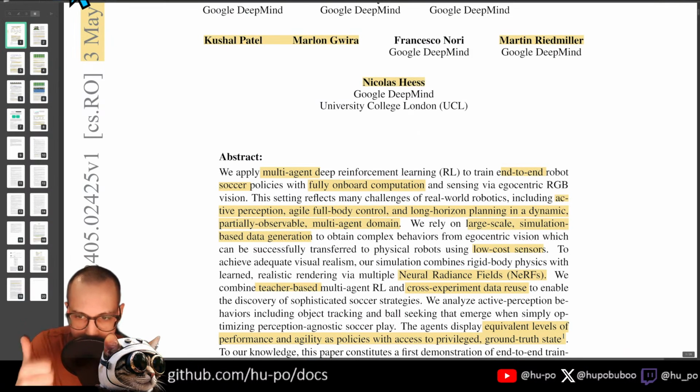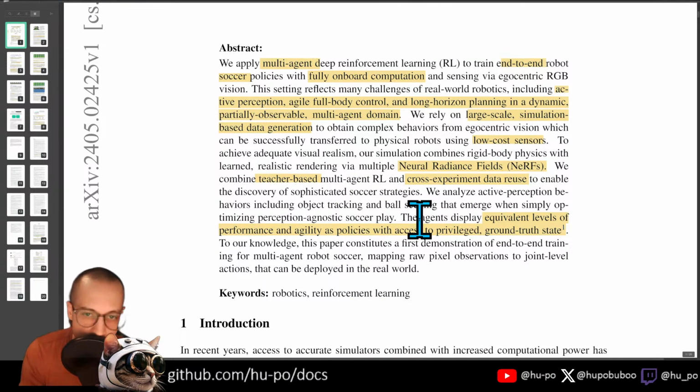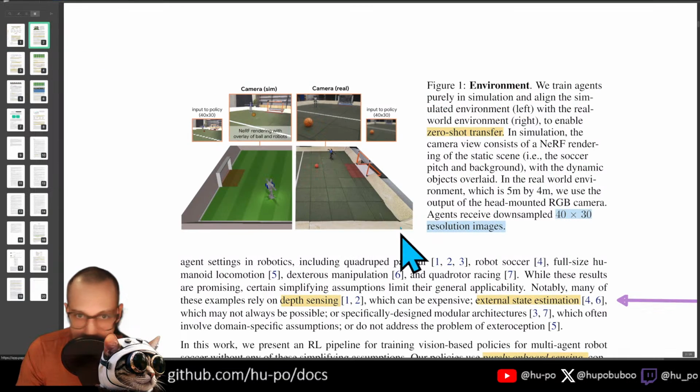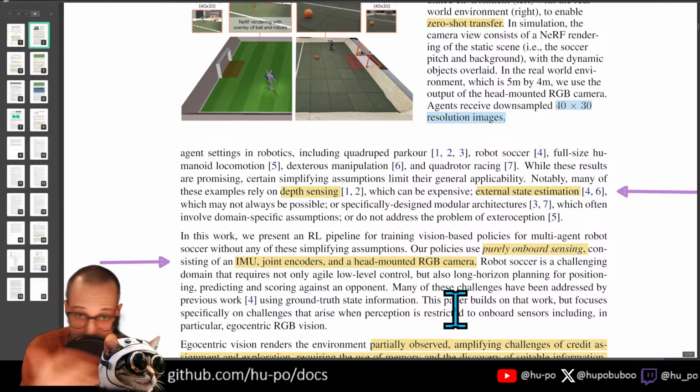It's zero-shot sim to real, so you're solving that problem. It's long-horizon planning, dynamic, partially observable, multi-agent, right? You're doing it on device, so you're doing onboard compute. And you're using vision. That's the big one too, right? Vision end to end rather than external state or Oracle state end to end.